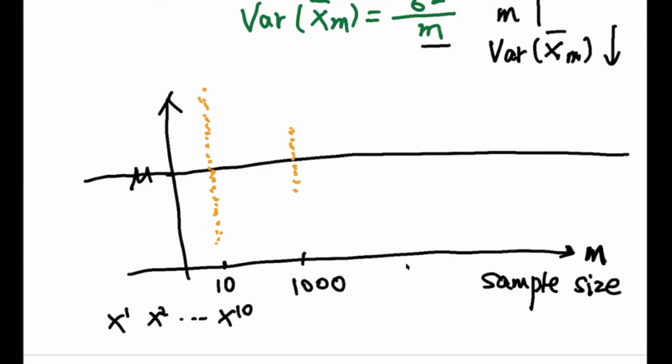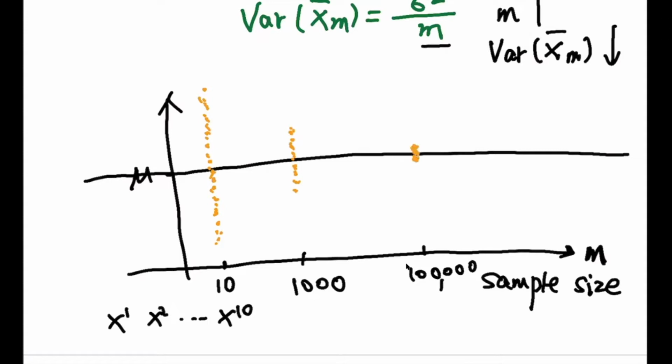And then I will use an even larger sample size. Say I'll use 10,000 or 100,000. Then I will get another series of sample means. But this time the sample mean will be very, very close to mu. It will be like this.